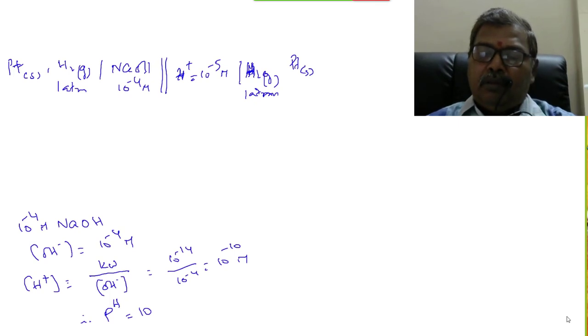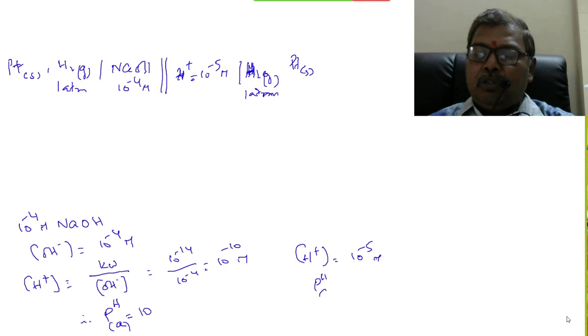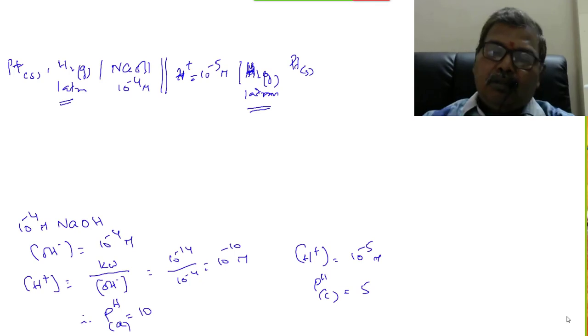Now, the pH of solution in the anode of the cell is 10, and the hydrogen ion concentration is 10 power minus 5 molar in the cathode of the cell. So, the pH of solution in the cathode of the cell is 5. The active mass of hydrogen is 1 in the cathode of the cell. The active mass of hydrogen in the anode of the cell is also 1. So the log term becomes 0.